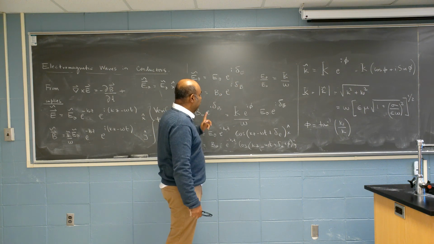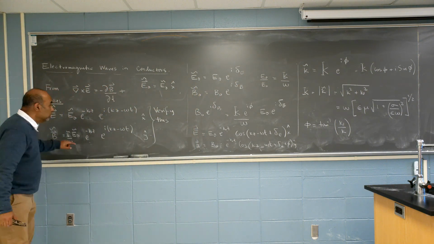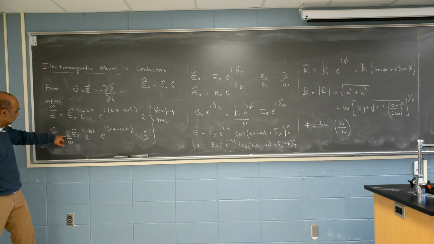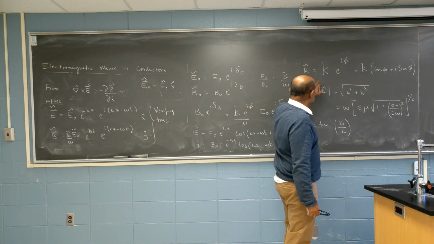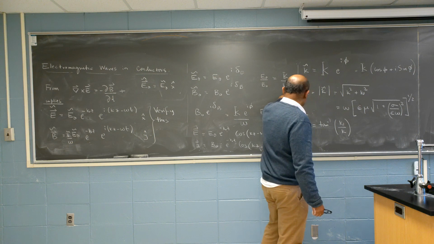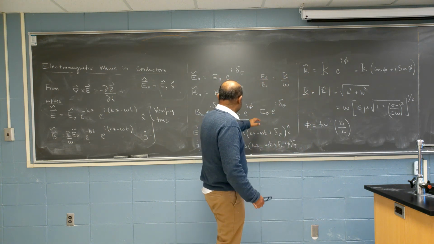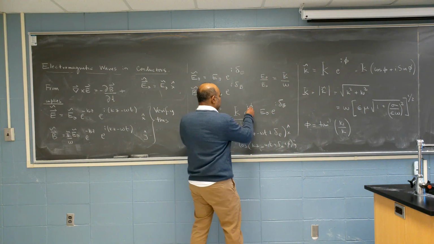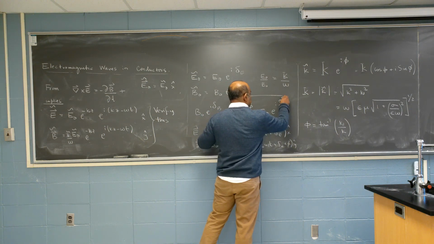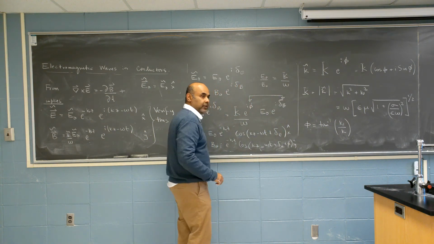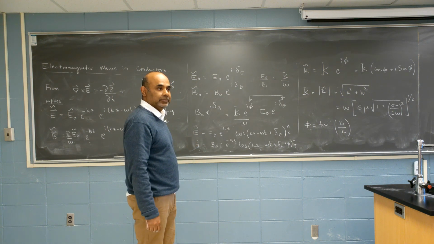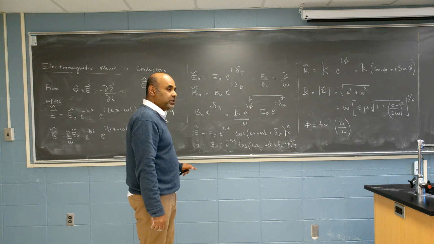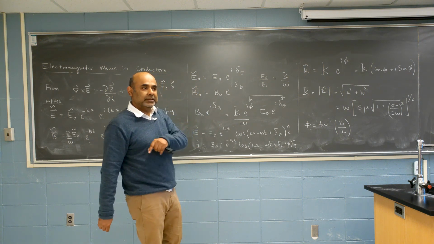Then the magnitudes, the real part, will have to be the real part of this divided by omega. And then the phase of the magnetic field differs. Now phi is made up of mu, epsilon, and sigma. Lots of algebra, but that's how the field attenuates.